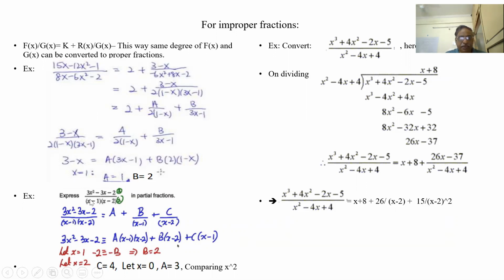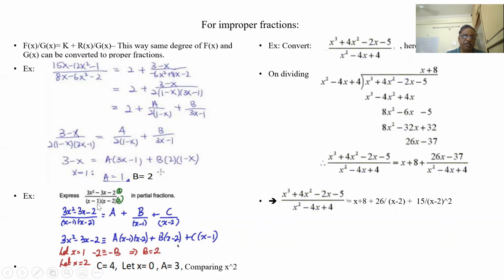Let us see here: 3x square minus 3x minus 2 by x minus 1 into x minus 2. Both are the same, this is x square and this is also x square. So I can put 3 separately. A will come as 3 because the coefficient of x square is 1 in the denominator and 3 in the numerator. So A is automatically 3. Then B by x minus 1 plus C by x minus 2.